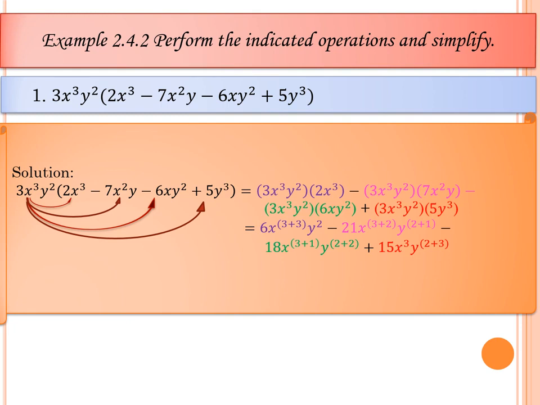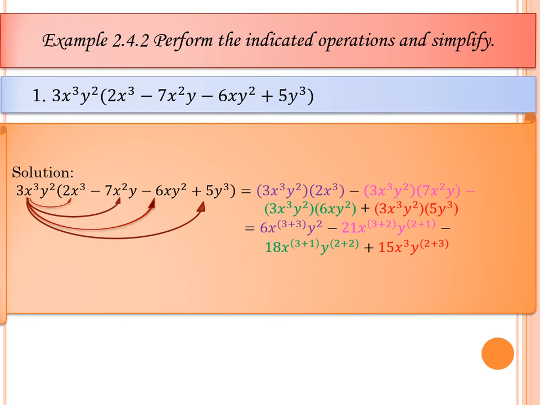So, 3x cubed y squared times 2x cubed is just equal to 6x to the power of 3 plus 3 y squared. Okay? Since 3 times 2 is just equal to 6, and x cubed times x cubed is just equal to x to the power of 3 plus 3 times y squared. Minus, yung sa second term naman, yung kulay pink, 3 times 7 is just equal to 21.